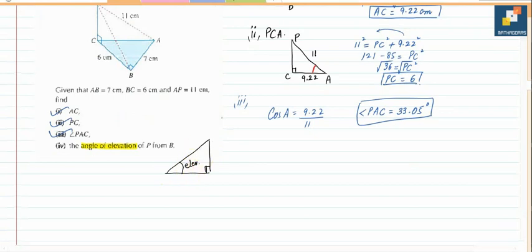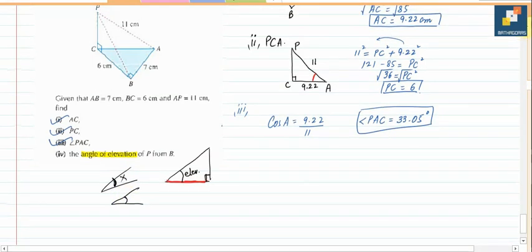It always makes with the horizontal line, always with the straight horizontal line. What I mean by that? Let's suppose you have two inclined lines, so that is not your angle of elevation. It must be with the straight horizontal line, so it is your angle of elevation.